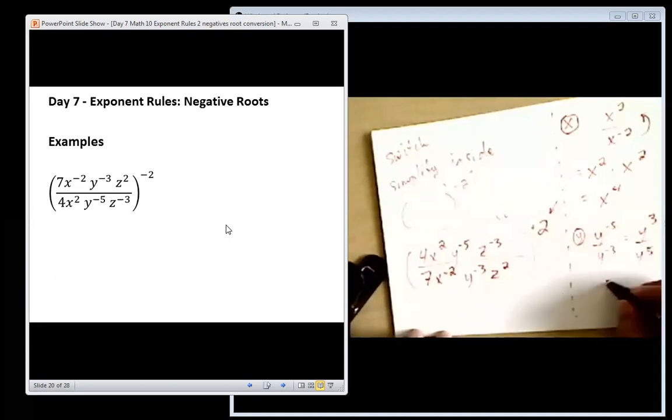So what does this end up looking like? Not multiplying these. And dividing from yesterday. Remember, this means 3 of these y's multiplied together, right? y times y times y. On the bottom is 5 of them.